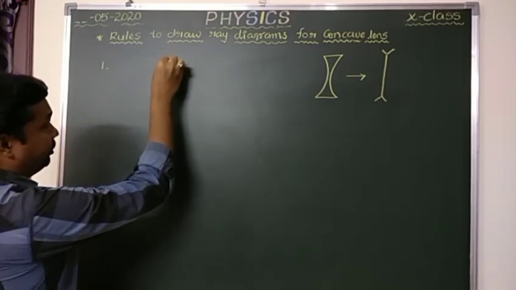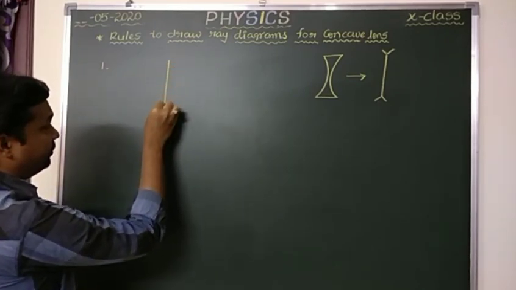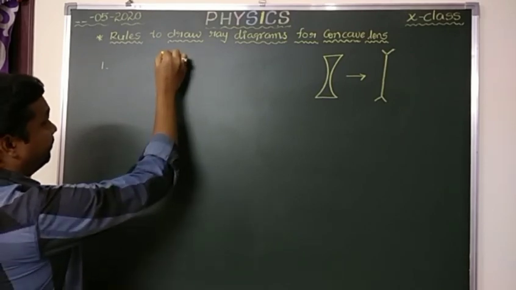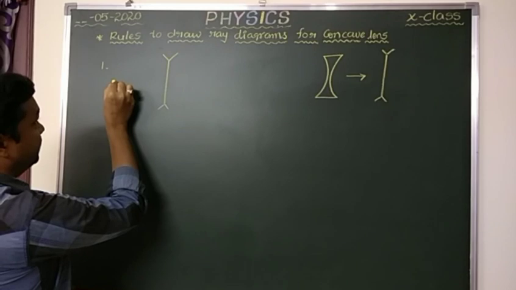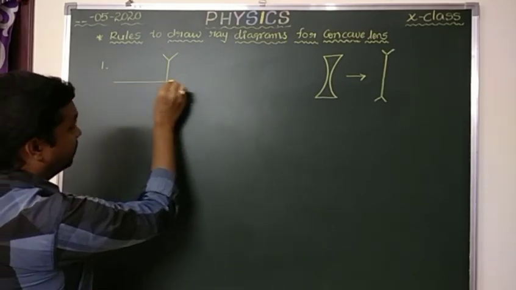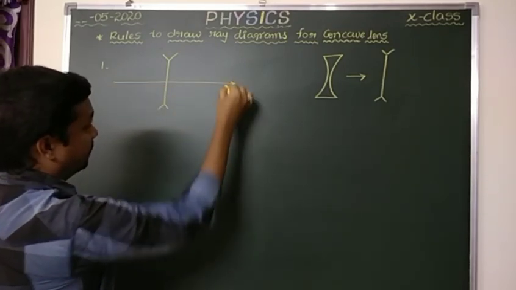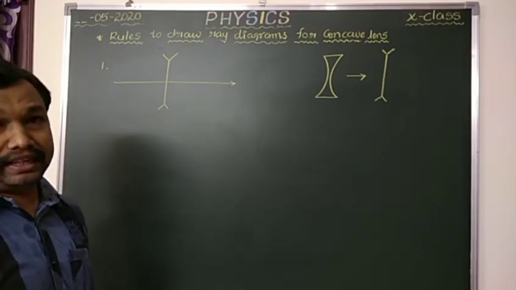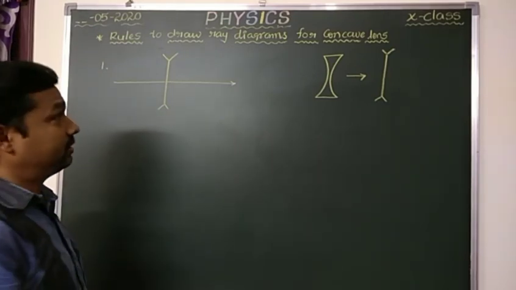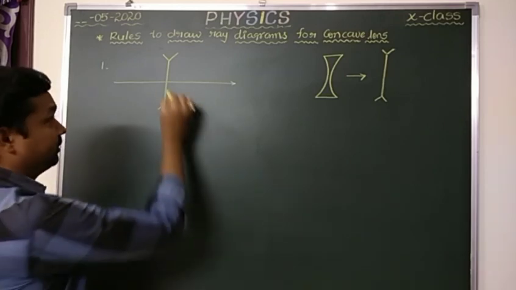First of all, we need to take a lens and represent the terms involved in it. This is called the principal axis. The principal axis is a line passing through the centers of curvature and the optic center.